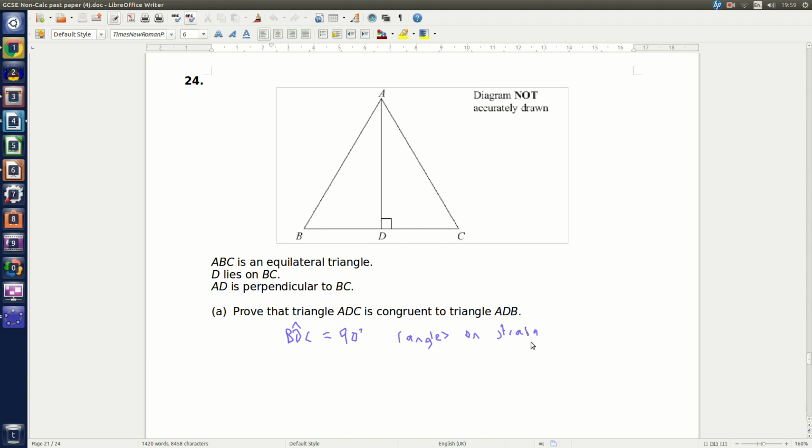Examiners are very pernickety about this, and you don't want to give them any reason to take the marks off. Add to 180 degrees. And you're good, yeah? Once you've got that, we can just say AD is common to both. So we've got a side. And we can say BDC equals ADC.